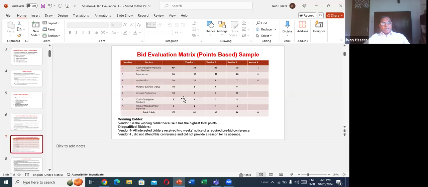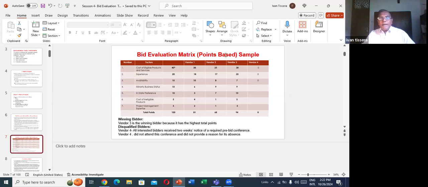Cost of intangible product, 5 marks. And project monitoring management experience, 5 marks. Altogether 100 marks. This is how they have allocated marks based on their information.